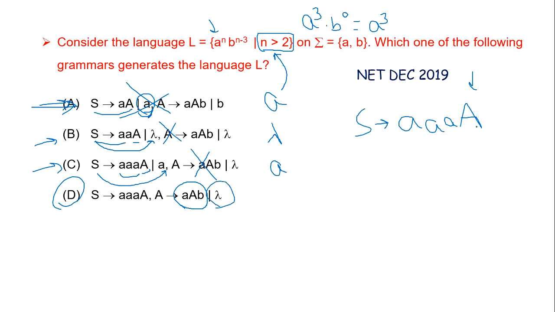Let us replace this A with lambda. If we are replacing A with lambda, the smallest string will be triple A. So this is exactly what we required, because it gives us our language.